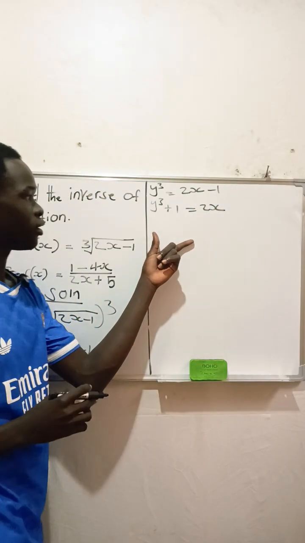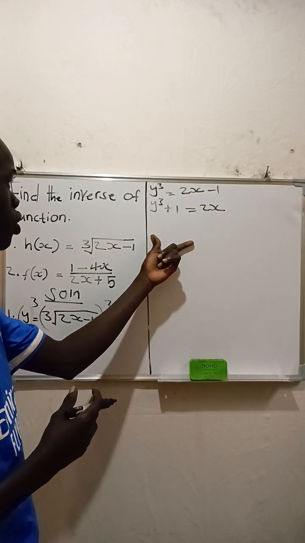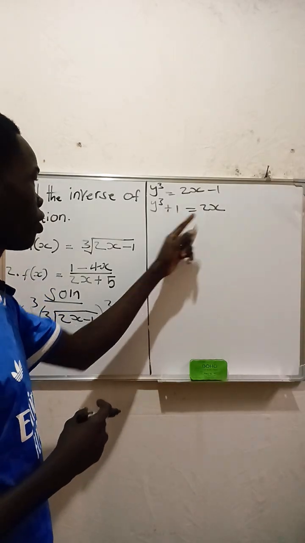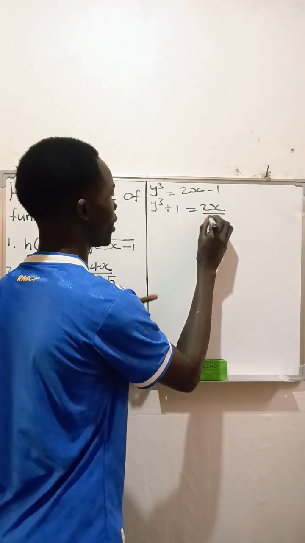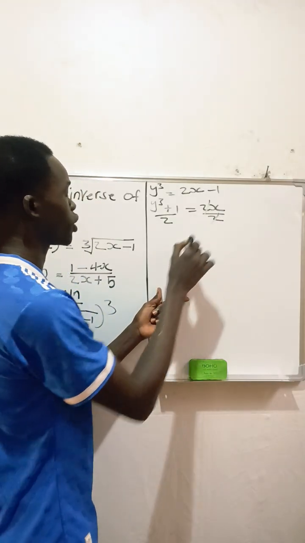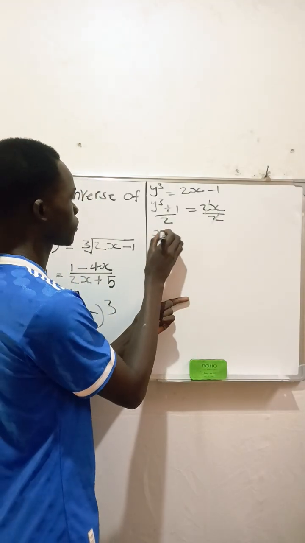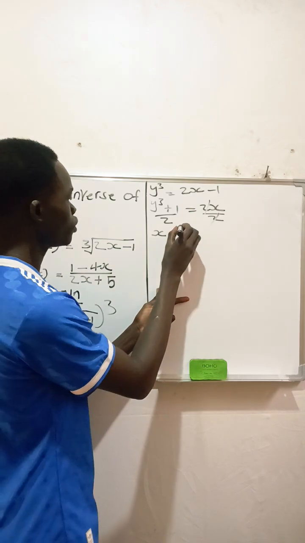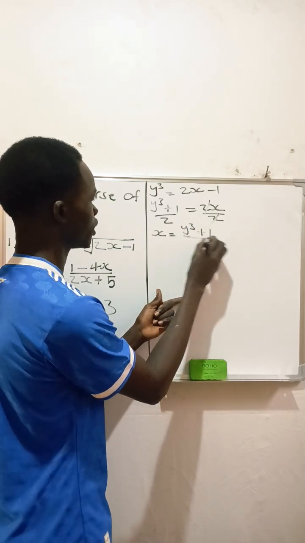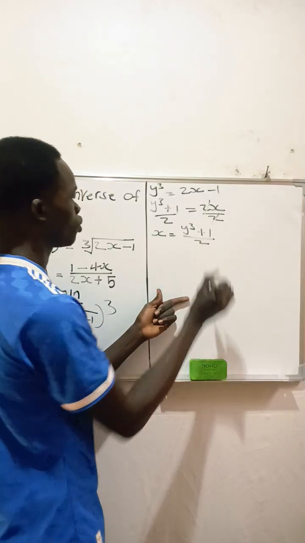Next we divide both sides by 2. This and this will cancel. Our x is equal to y cubed plus 1, all over 2.